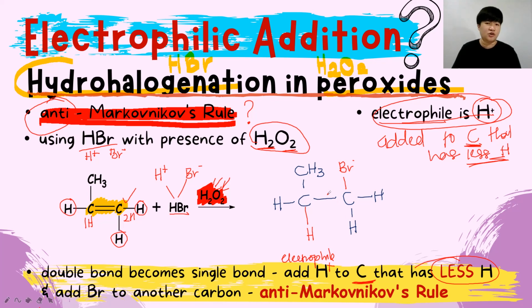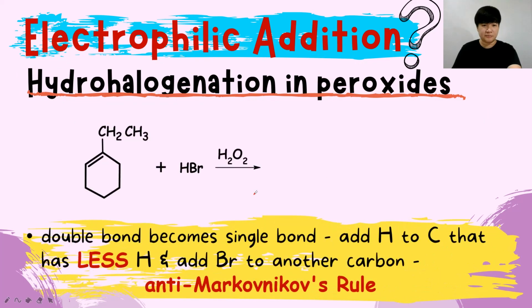And that is your anti-Markovnikov rules, where the electrophile will be added to the carbon that has less hydrogen. Simple, easy. The only one that will become anti-Markovnikov is your HBr in H2O2. Okay? Let's try another example.